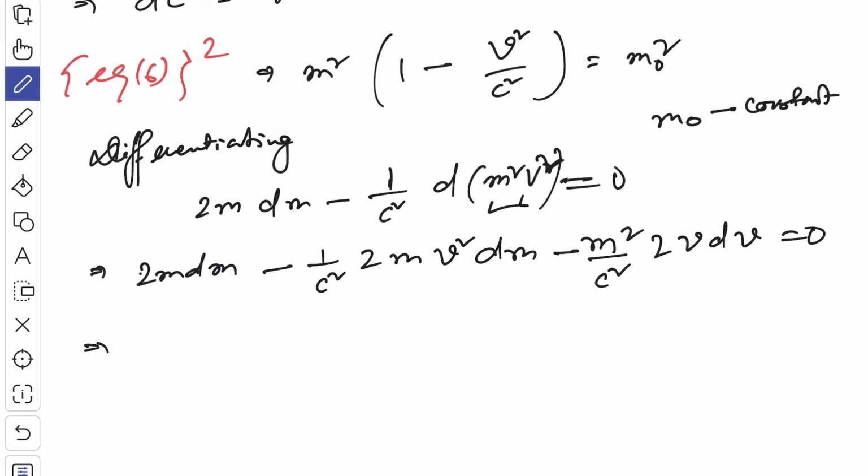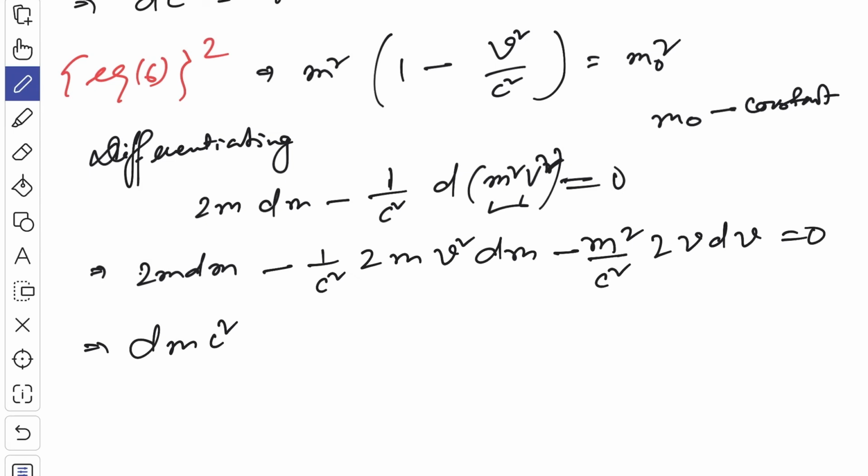Multiplying both sides by c square and dividing by 2, we get m dm c square is equal to the remaining terms.